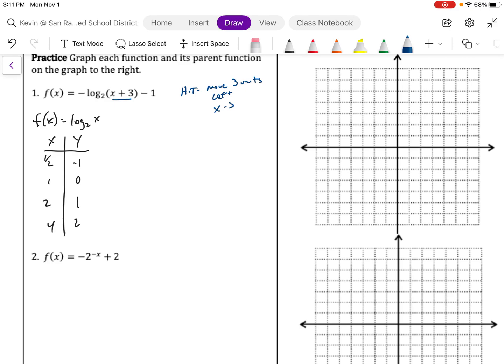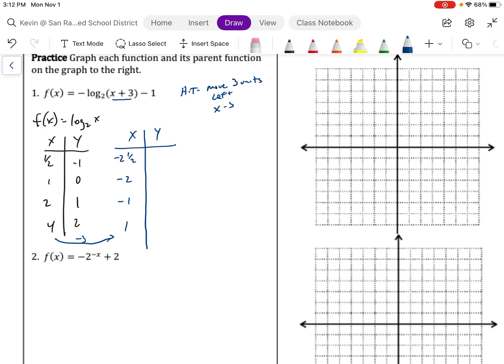In fact, why don't we just do that first while we're here. So x and y. We take all of our x values and subtract 3 from them. So over here, -3. This is going to give me -2.5, -2, -1, and 1.